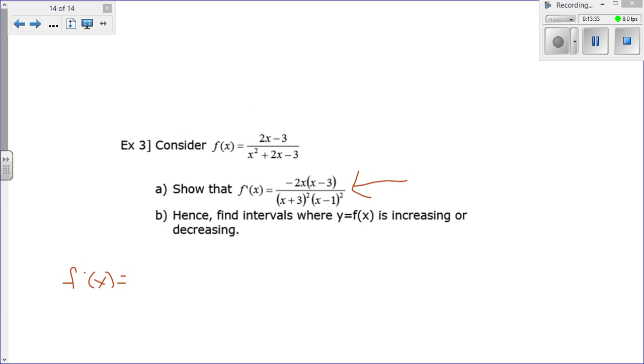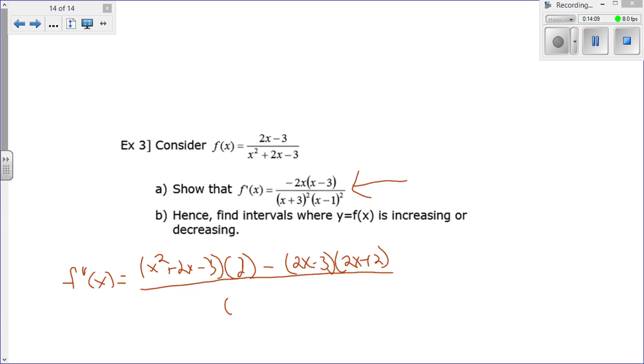So f prime of x is equal to low, which is x squared plus 2x minus 3, times the derivative of the high, which is 2, minus high, which is 2x minus 3, times the derivative of the low, which is 2x plus 2, all over low squared.